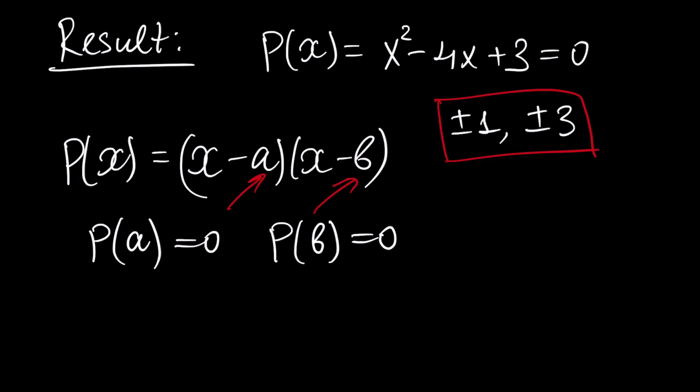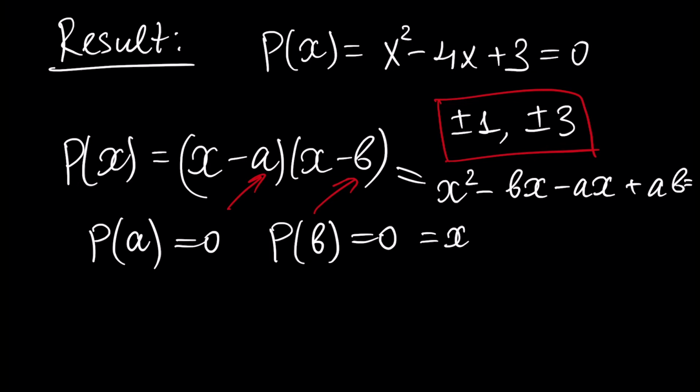And since we can write our polynomial as, let's perform multiplication, it will be x squared minus bx minus ax plus ab. Or this can be written as x squared minus (a plus b) x plus ab.